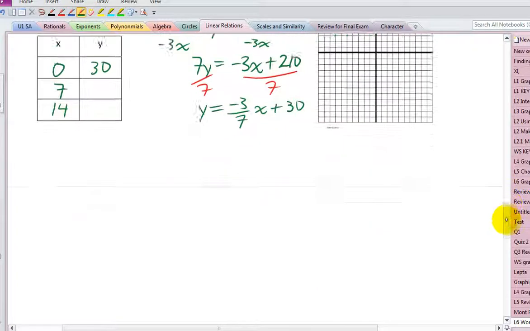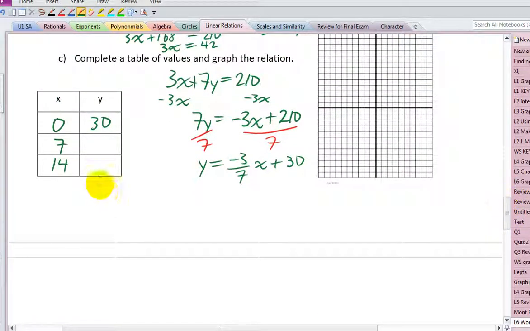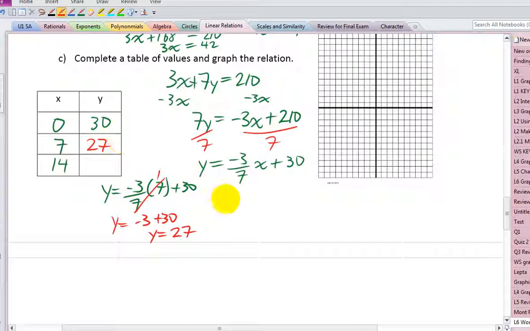So we can then substitute in and solve for some good y values. So y equals negative 3 over 7 times 7 plus 30. 7 divided by 7 is 1. So y equals negative 3 plus 30. Y equals 27.